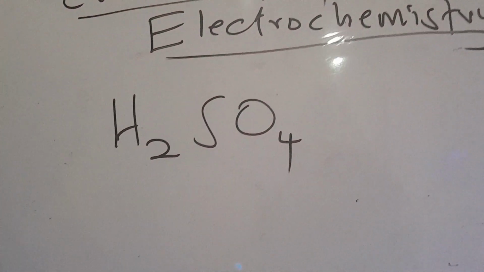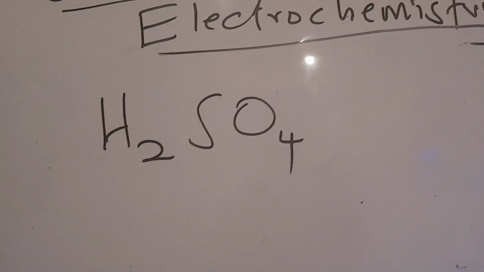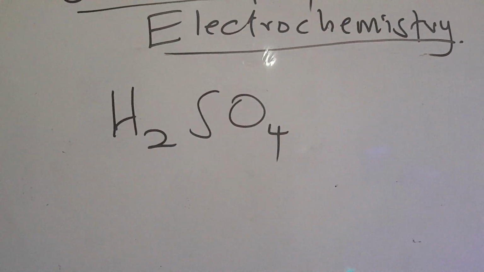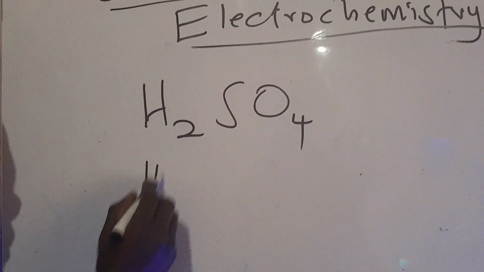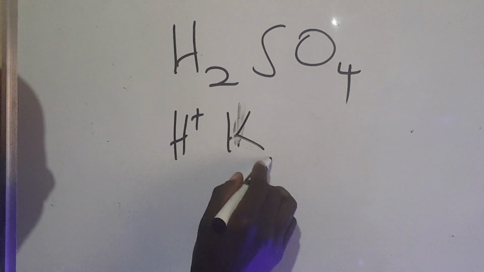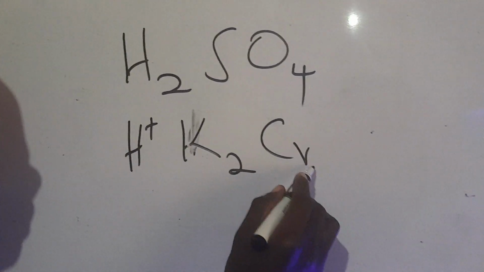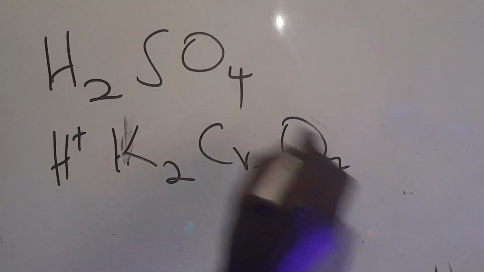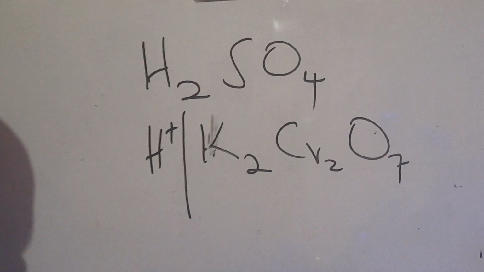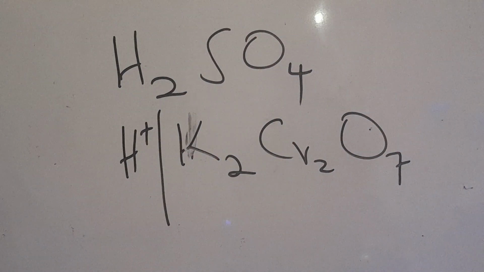Where is the 6 in this compound? Why can't you just say sulfuric acid? We must put sulfuric 6 acid. Or acidified potassium dichromate 6. So we want to see where those 6 are coming from.